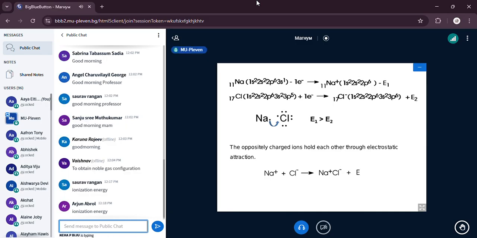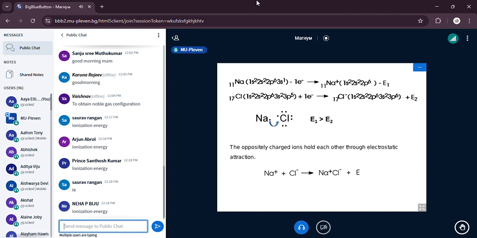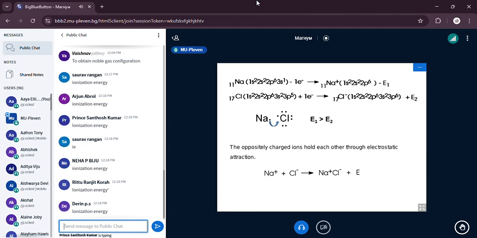Ionization energy. So how can we define ionization energy? This is the energy needed to release one electron from an atom in a ground state. So, to remove an electron from one atom, we need to give this energy, E1.